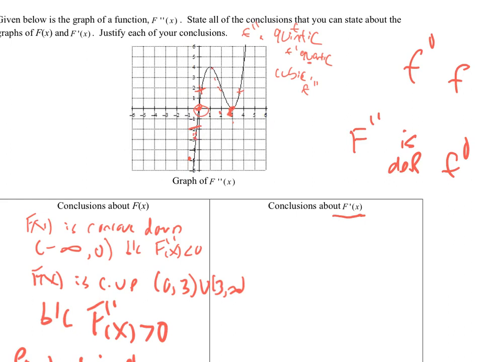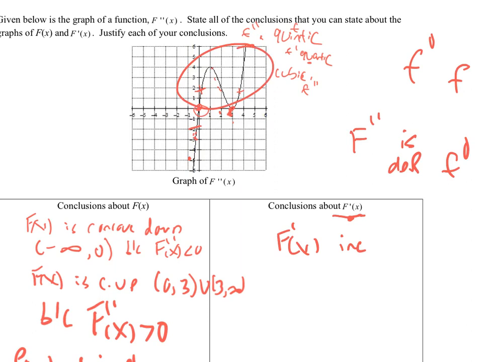The something happens to be the first derivative. I can tell a lot about the first derivative. I know that f prime of x must have been increasing wherever this graph is above the axis.